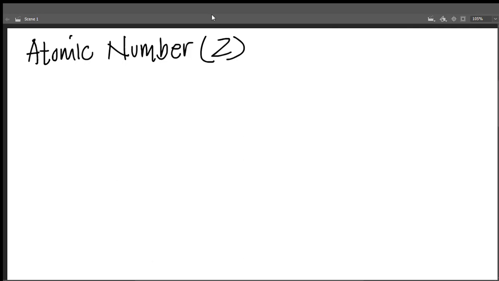We have here atomic number, which is Z. The number of protons in the nucleus of an atom is called atomic number. So the number of protons is equal to atomic number.